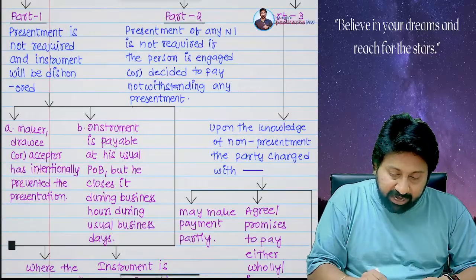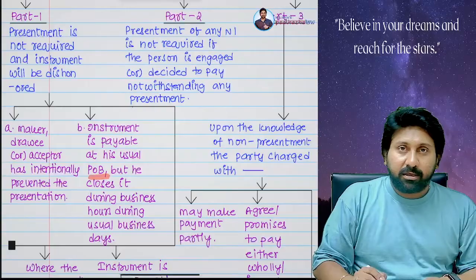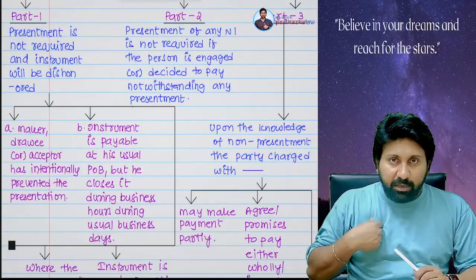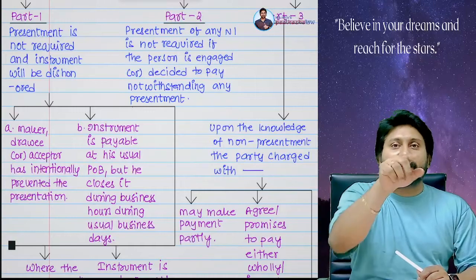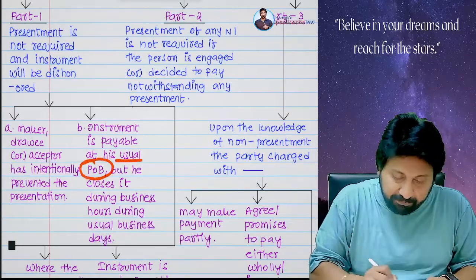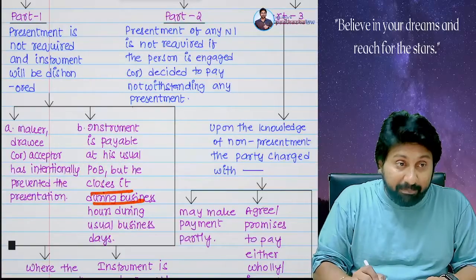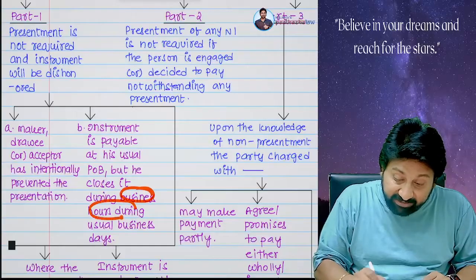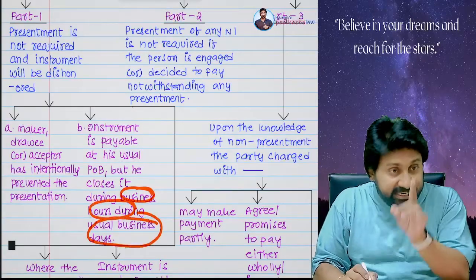Instrument is payable at his usual place of business. Means bill of exchange I gave to you, you accepted and gave me. You said, sir, please come to Hyderabad, I will pay. I came to Hyderabad because it is your usual place of business, but you close that premises, doors are closed, shutter closed during business hours, during usual business days.